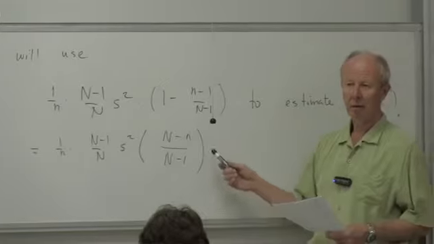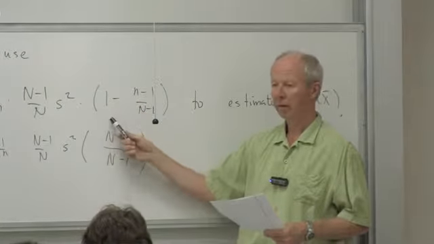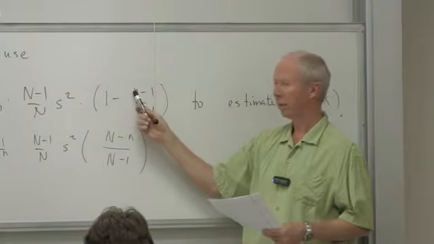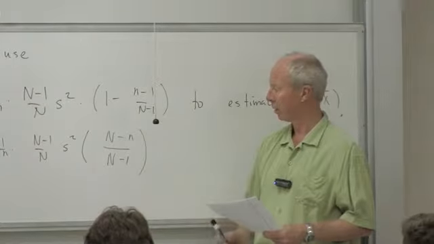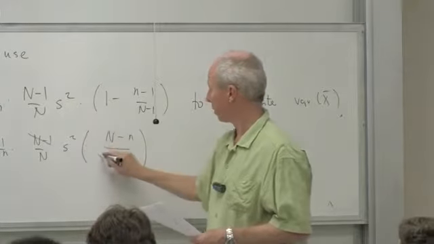If you find common denominator here, this would be capital N minus 1 over capital N minus 1, so we get this denominator. Capital N minus 1 minus little n plus 1, the 1's cancel, leaving capital N minus little n. And now this and this cancel.